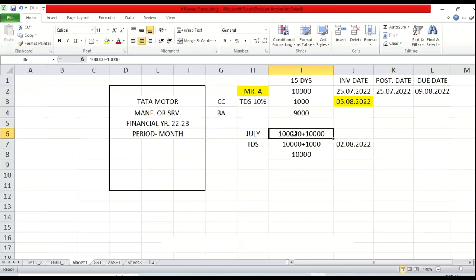That is why this invoice was also added in July itself, and the overall TDS amount increased and became 11,000. But it actually became 11,000 on the 5th only, and the payment we made was on the 2nd itself.